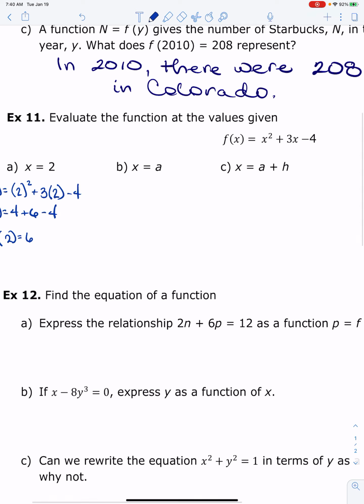Where x equals a, and this is one you're going to want to get used to, we're going to do the exact same thing. We're going to plug a in everywhere we had an x, and we get f of a equals a squared plus 3a minus 4.